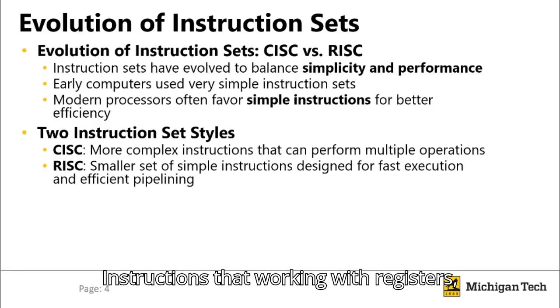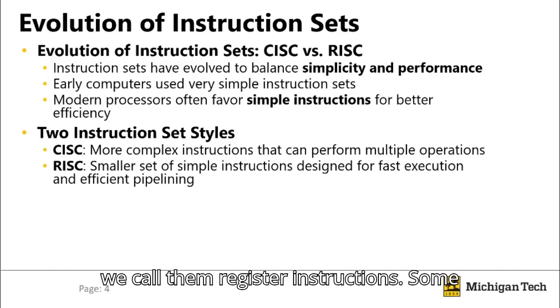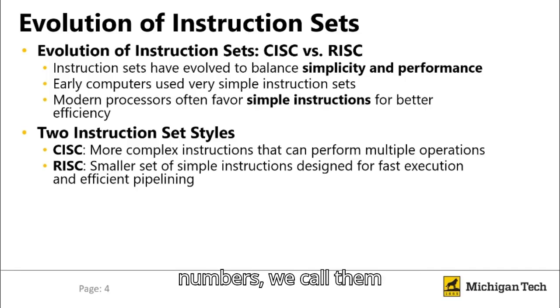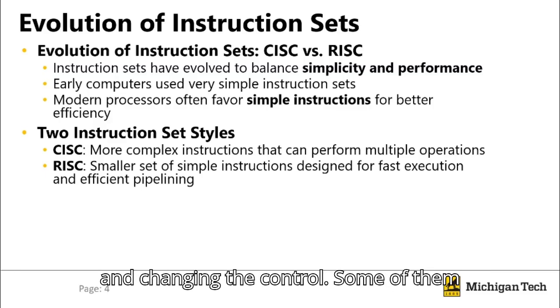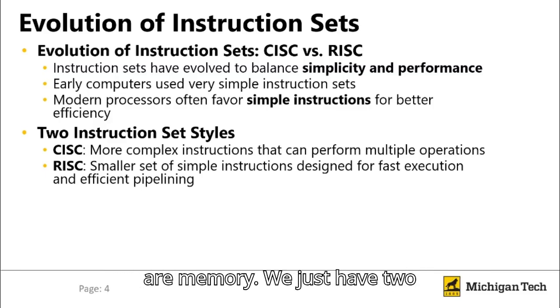Most RISC computers have just a limited number of instructions. Instructions working with registers, we call them register instructions. Some of them work with constant numbers, we call them immediate instructions. Some of them are branch and jump instructions for jumping and changing the control. Some of them are memory.